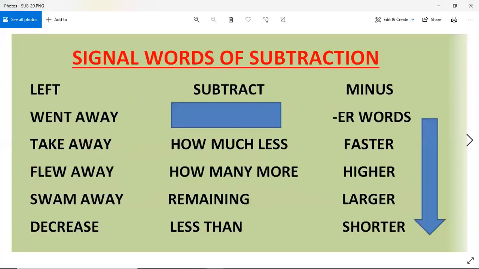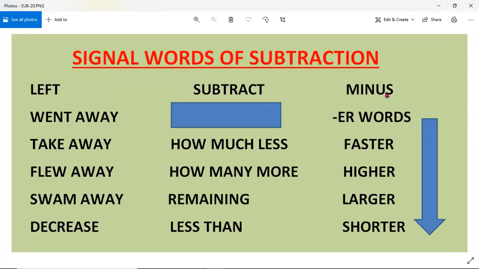Now, children, let us look at some of the signal words of subtraction, as we did in the case of addition. The signal words for subtraction are left, went away, take away, flew away, swam away, then decrease, how much less, how many more, remaining, less than, minus.